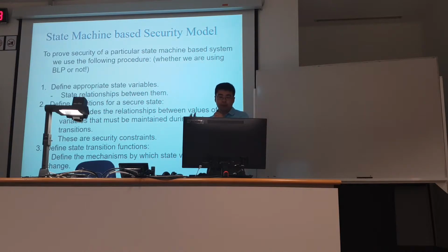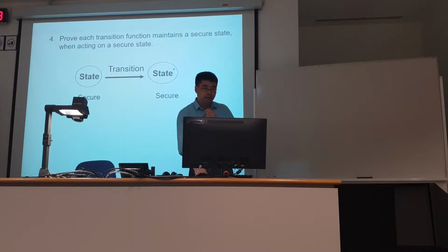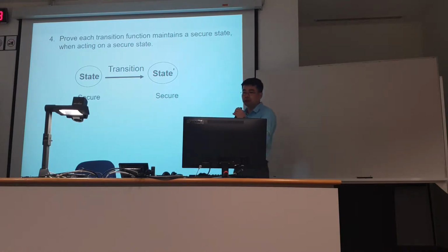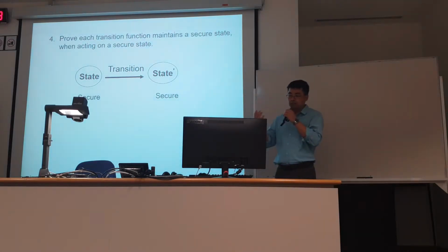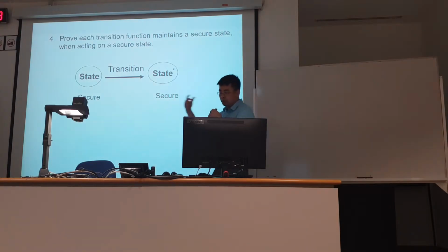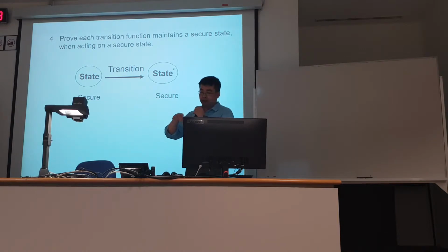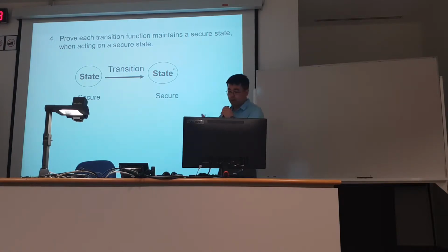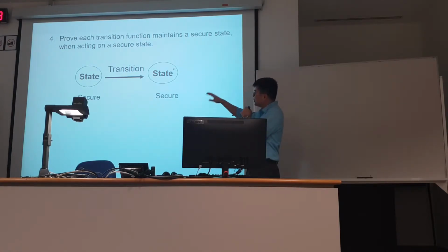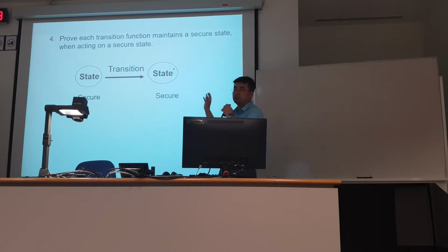Use the whole set of possible state transition functions. And then after you define the state transition function, you need to prove, similar to mathematical induction, that for a secure state, if you take some state transition function, it will still make the system secure for the next step. So for any transition, it will bring the system to a new state which is still secure.